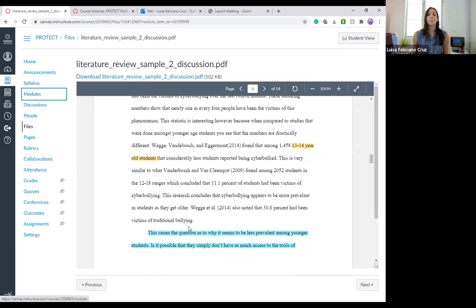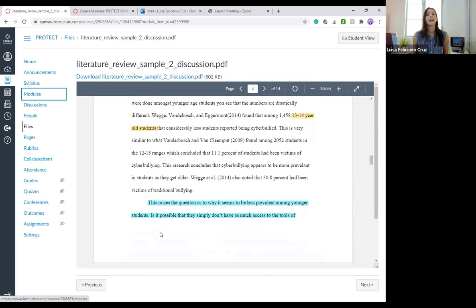So for example, the part in blue, it's what we talked about when the author synthesizes or tries to explain his sources. So he says, this raises a question as to why cyberbullying seems to be less prevalent in younger students, right?